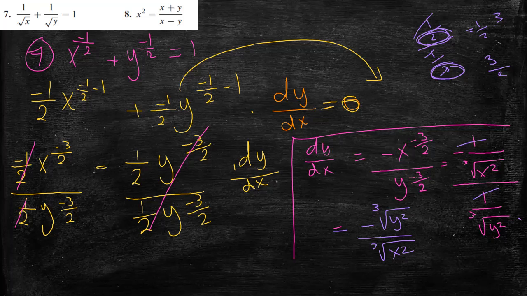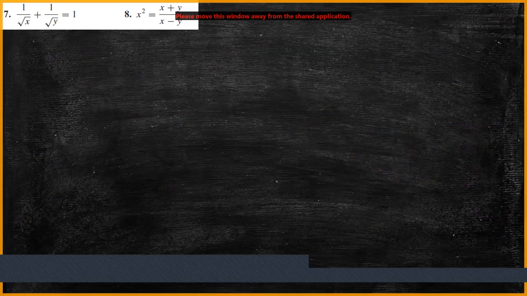Let's now do number 8. In number 8 here, we have x squared equal x plus y over x minus y. Let's now find the derivative of the right and the derivative of the left.